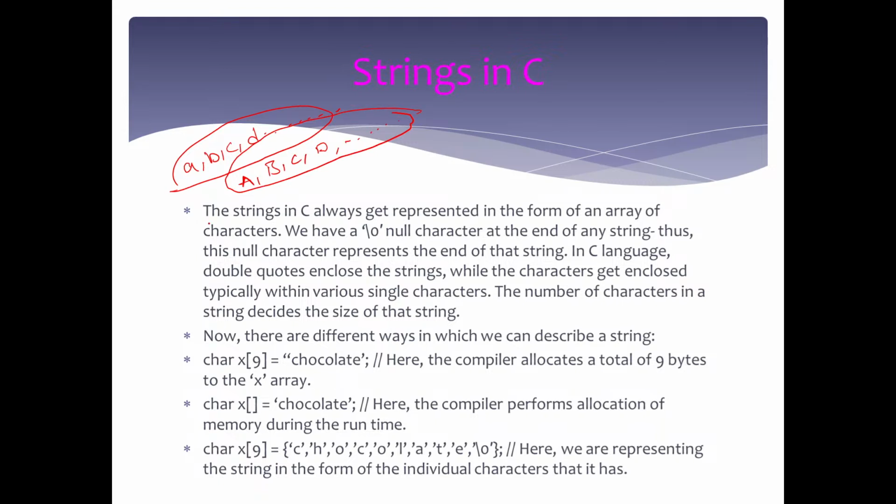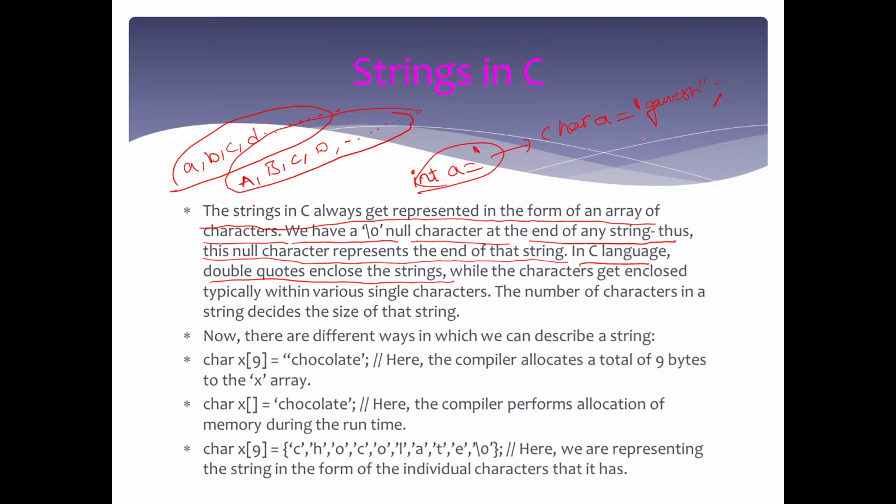Strings in C get represented in a form like this: for characters, the format specifier which we are going to use is char. Char a equals to, if I wanted to assign a name, likewise here I can give Ganesh. We have to represent this in double quotes.